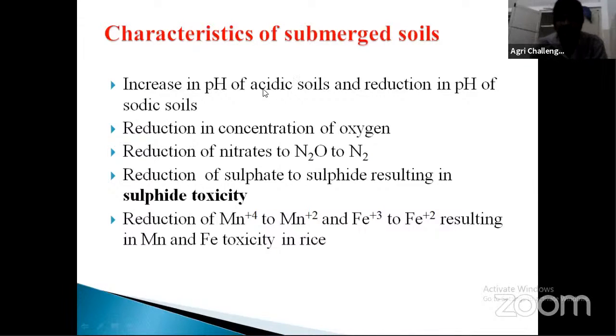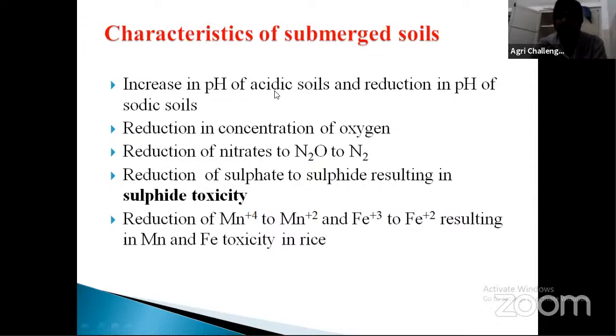Means generally acidic soils का pH बहुत कम रहता है और sodic soils पे ज़्यादा रहता है। और सबमर्ज्ड सॉइल्स में अगर हम एसिडिक सॉइल्स को सबमर्ज करेगा तो उसका pH बढ़ेगा और सोडिक सॉइल्स में घटेगा। यानी ये सबमर्ज्ड सॉइल्स न्यूट्रल रहता है, मतलब इसका न्यूट्रलाइजिंग इफेक्ट है, वो प्लांट के लिए अच्छा है। And reduction in concentration of oxygen: as we know, if water increases it reduces the concentration of oxygen, that's why it is called anaerobic soil.